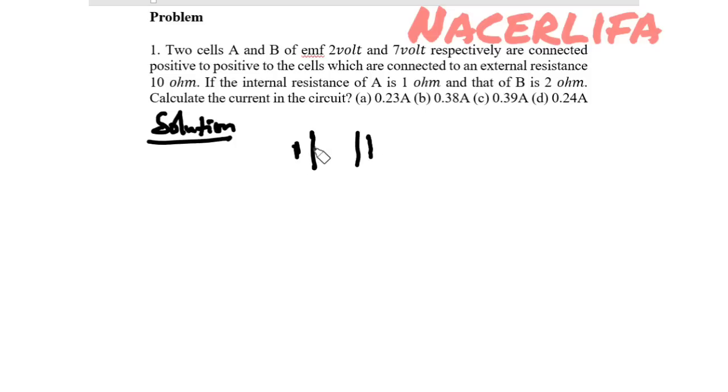So these are 2 cells, connected positive to positive to an external resistor. This is the symbol of a resistor, connected to an external resistor of 10 ohms.